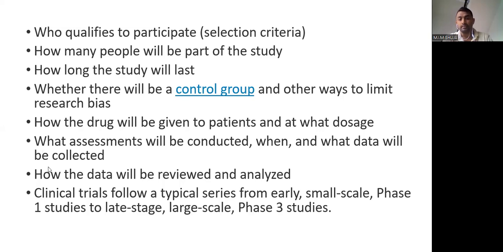The clinical trials follow a typical series from early small-scale phase 1 studies to late large-scale phase 3 studies.